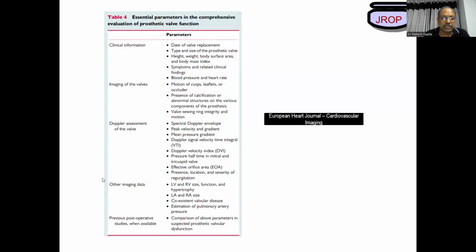The previous post-operative study, if you look at this, now it's at the bottom of everything, but it carries a lot of meaning in deciding whether the patient has got any involvement of prosthetic valve which is making dysfunction. Very simple answer is, as we understand, the normal mitral flow velocity is 1.3. If it becomes 1.7 after surgery, and we happen to see this 1.7 later on, obviously we cannot decide whether this is abnormal or normal.